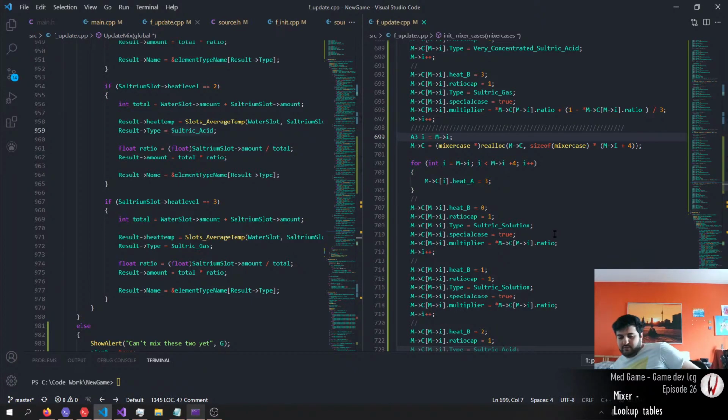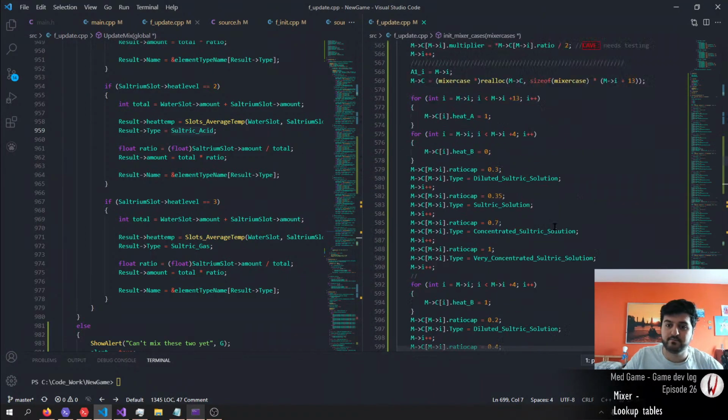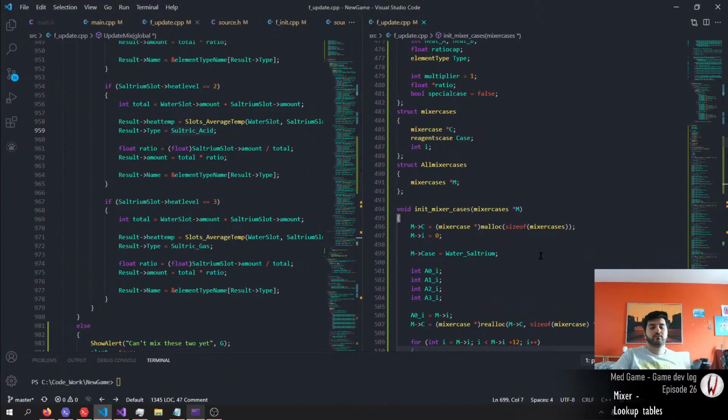Now I can either put them into mixer, like I can either put them all into the cases, into this one long array of things, which is fun, I think. Water Saltrium.